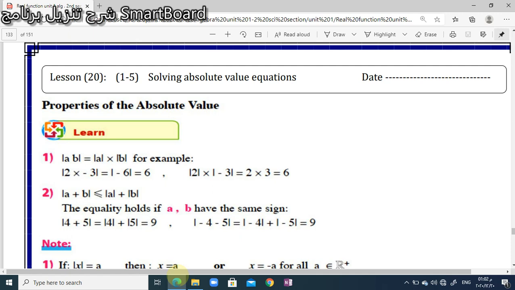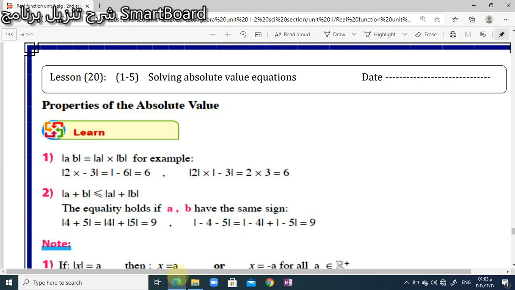So absolute A plus B is less than or equal to absolute A plus absolute B. For example, absolute 4 plus 5 equals absolute 9, and absolute 4 plus absolute 5 equals 9.